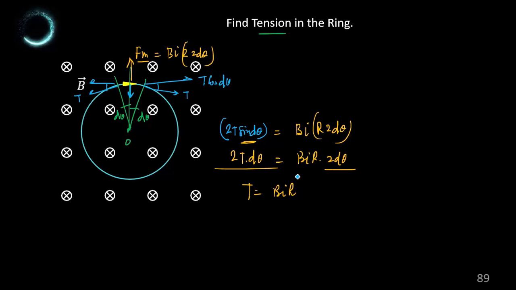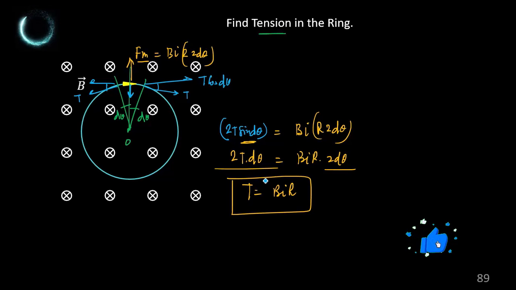Okay. So this is the tension inside the ring. Because of that, the ring will be in the stressed condition. Tension inside the ring is BIR.